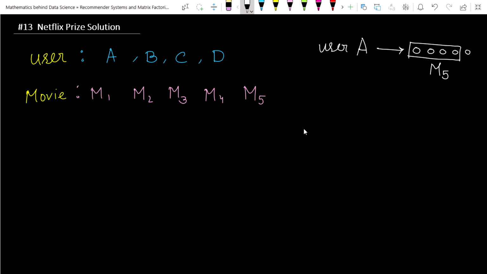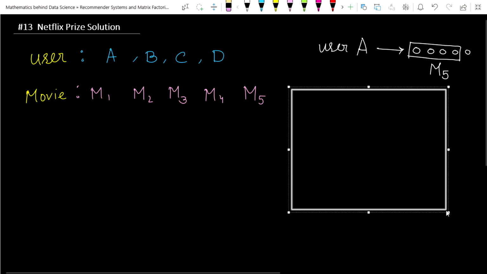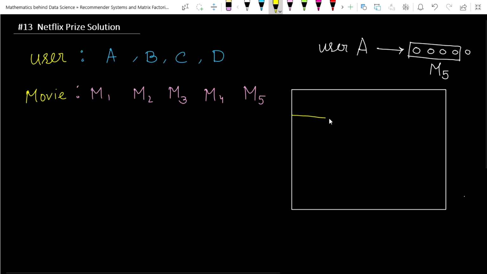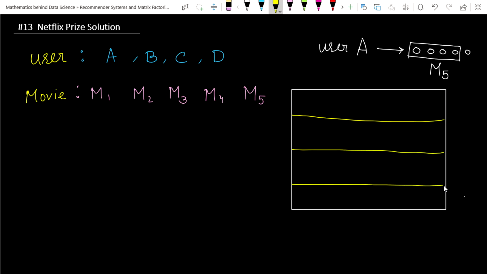If this happens, the data set will look like this matrix, where there are 4 rows, one for each user. We have 4 users here. This is for user A, this is for user B, this is for user C, this is for user D. And each column is responsible for a movie.